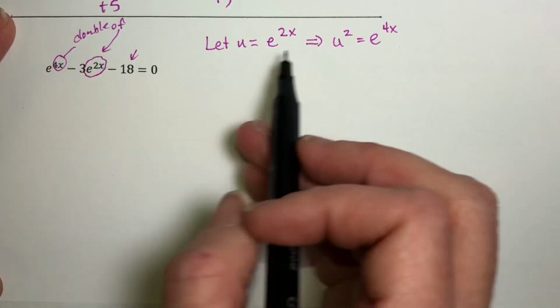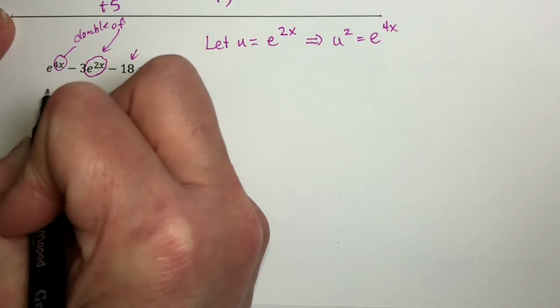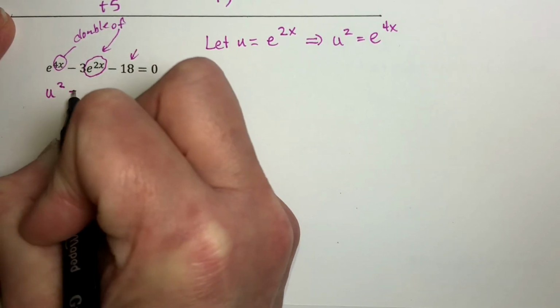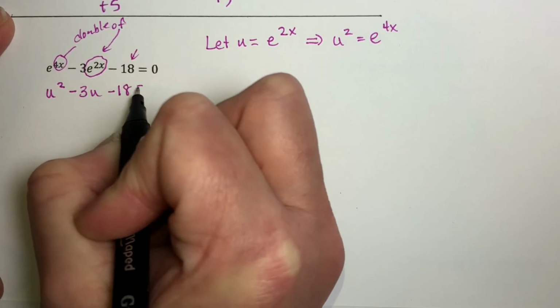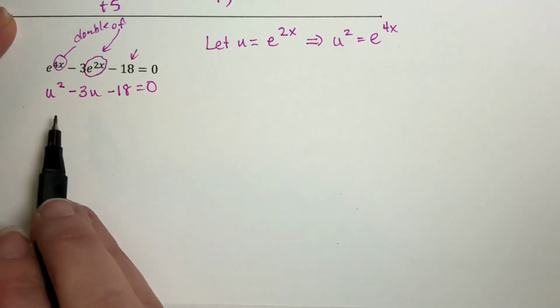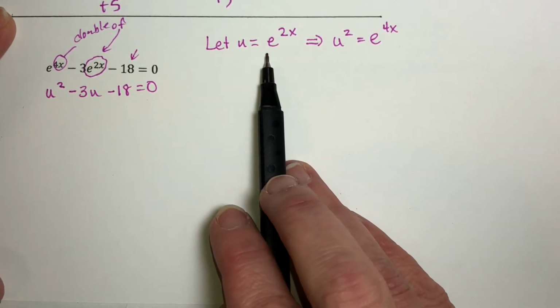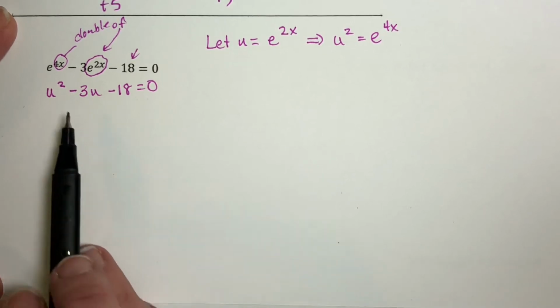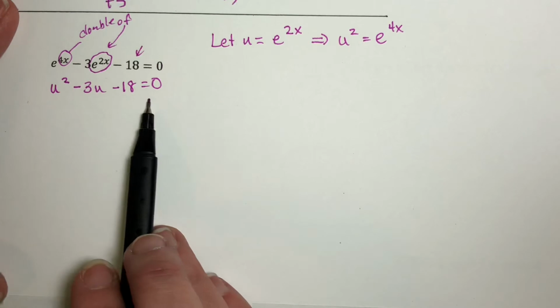So let me rewrite this using u instead of e to the 2x. This would be the same thing as u squared minus 3u minus 18 is equal to 0. Now I want to solve this for u, and then once I know what u equals, I can go back to this substitution and continue. This quadratic is pretty easy to factor.